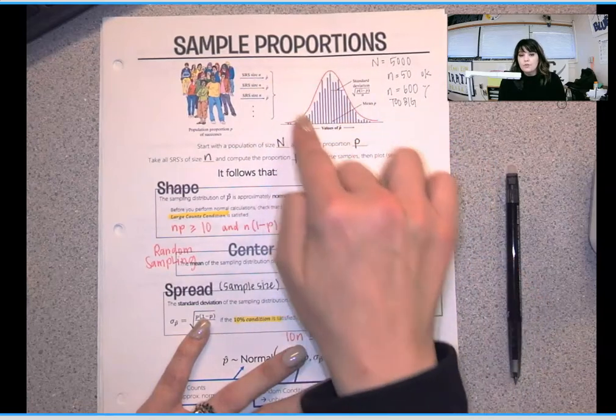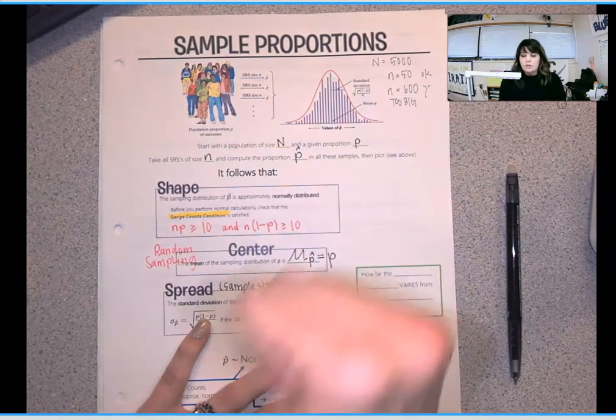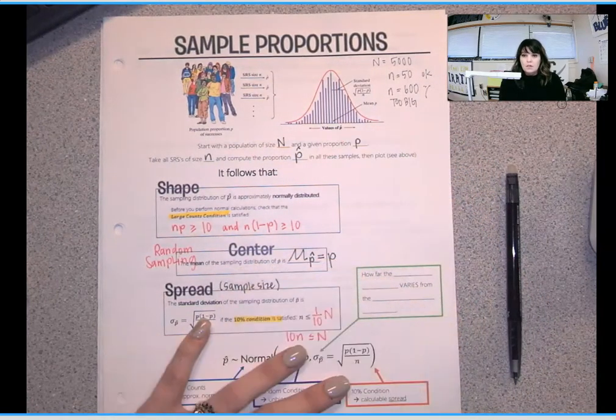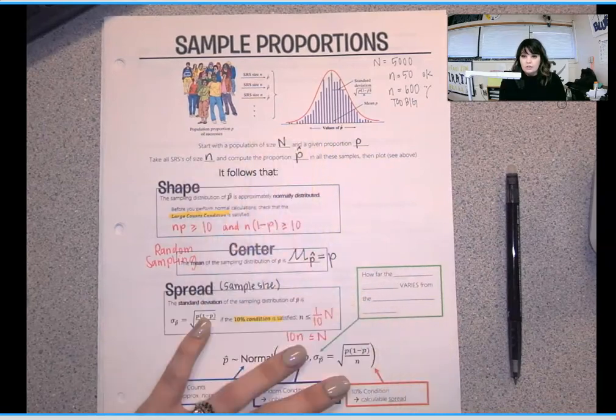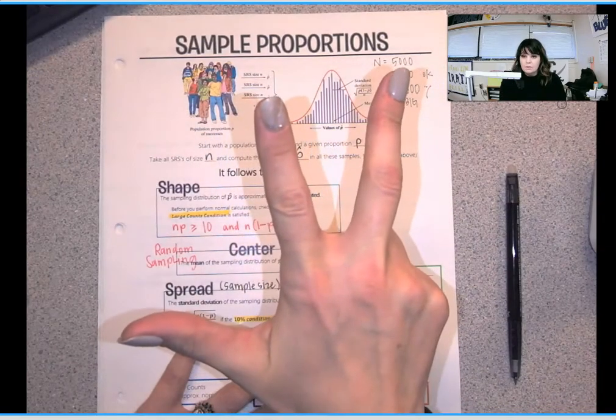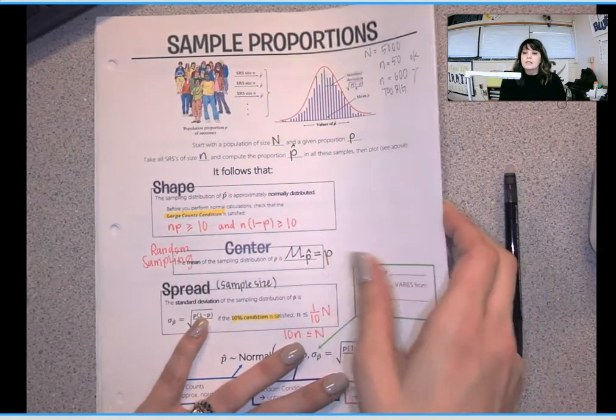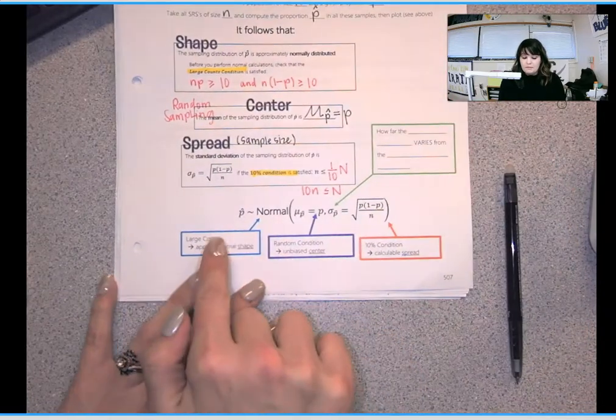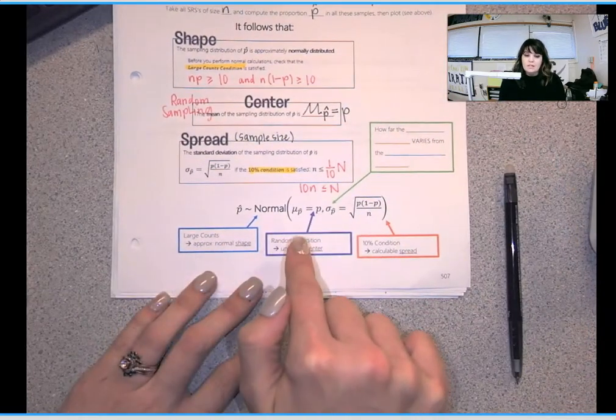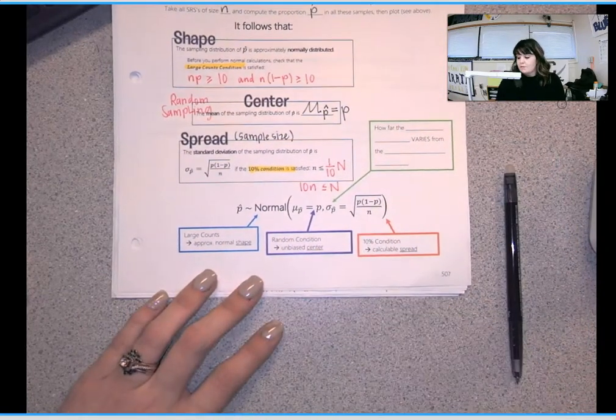In order for those three things to happen, normally distributed, center at the true value, standard deviation can be calculated, there are conditions that must be met. And that's what you see in these three boxes down at the bottom.